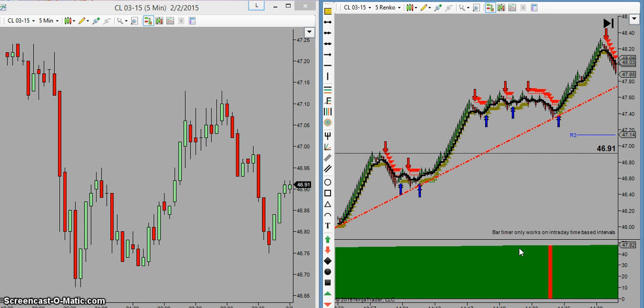Okay. So same information, just different charts. That's all. The time-based chart is going to go to 47.10, and so is the Renko. Right. Okay.